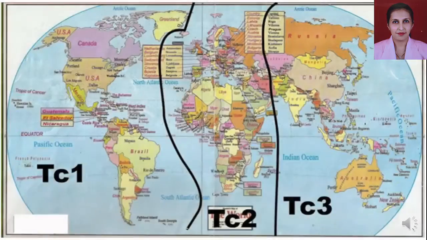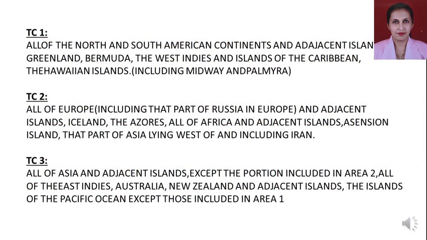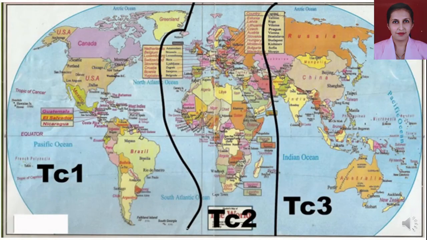So let's learn in detail what exactly comes under TC2. All of Europe, including that part of Russia in Europe, as we can see in the map here, Russia is in this brown color. So that part of Russia, which we can commonly understand as the left hand side part of Russia, comes under TC2.